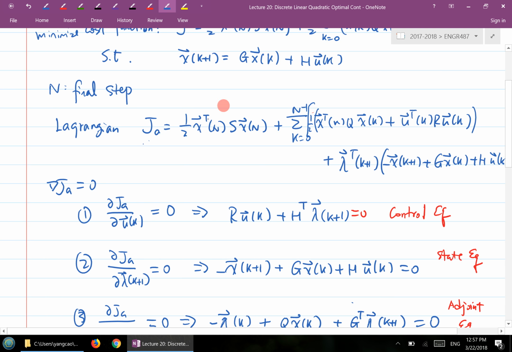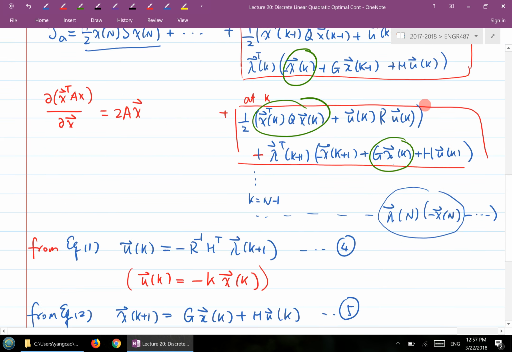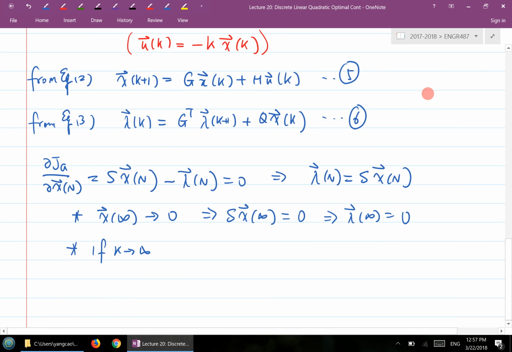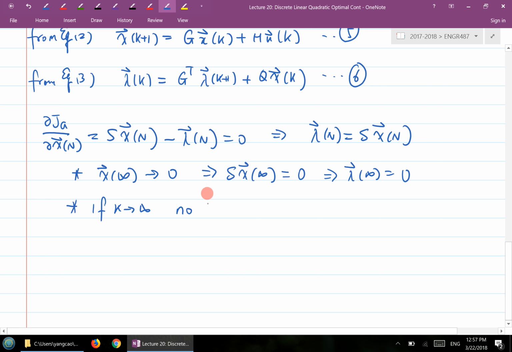Because it's going to be 0. That's what we call the infinite horizon, basically, when k goes to infinity. So when this equals 0, there's no need for this one-half x transpose of n times s times x of n here.